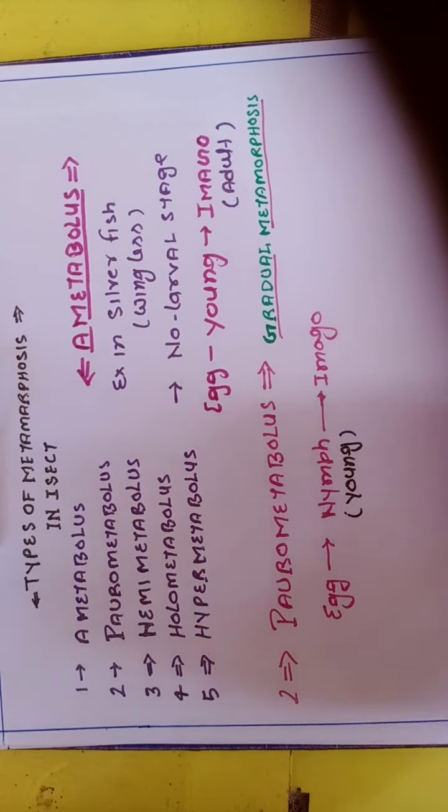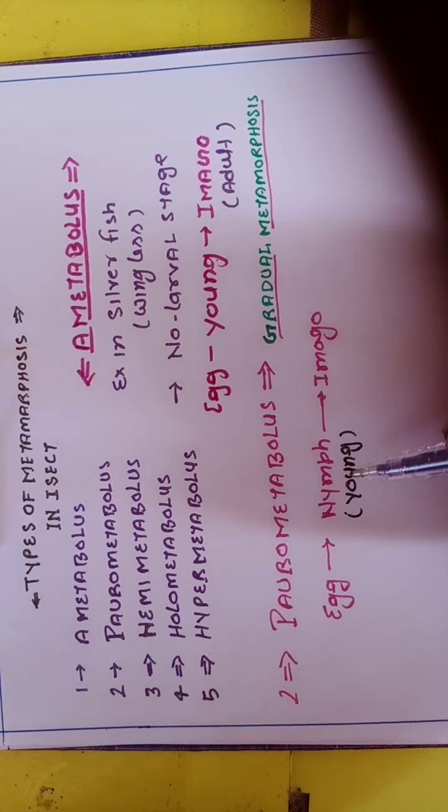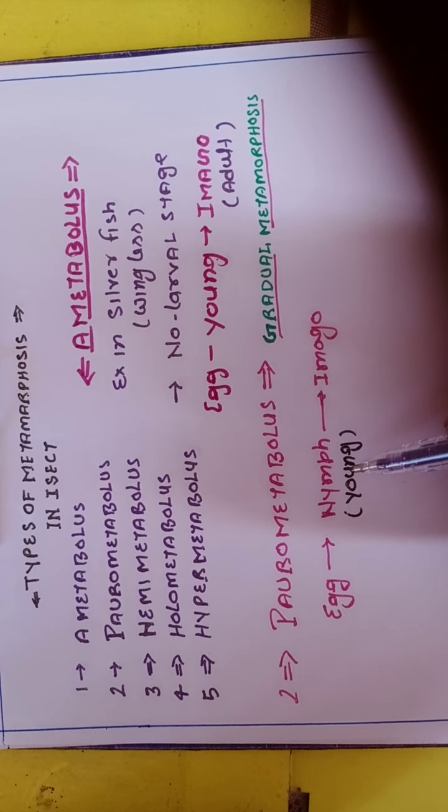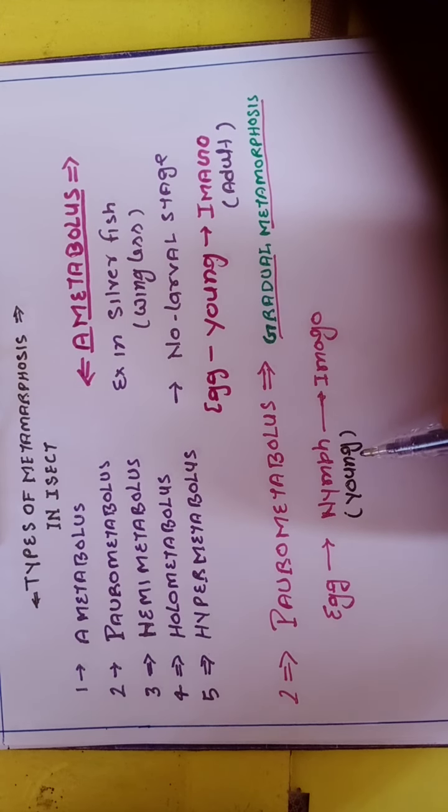There is a need to understand this point that the nymph resembles the adult in mode of life but is different in structure. It means mode of life is similar but structure is different. So how can you explain it?